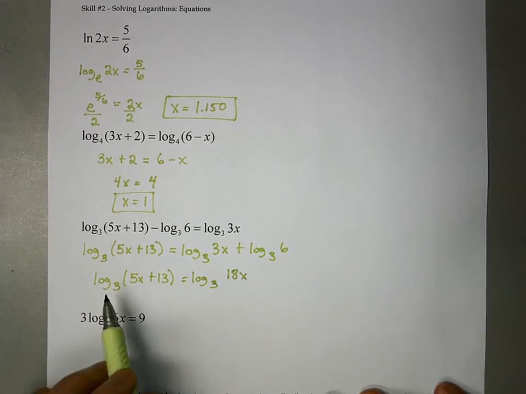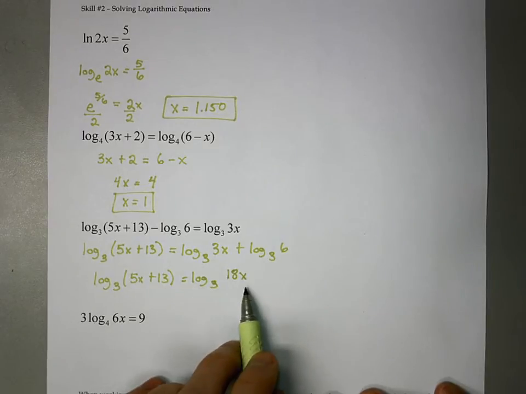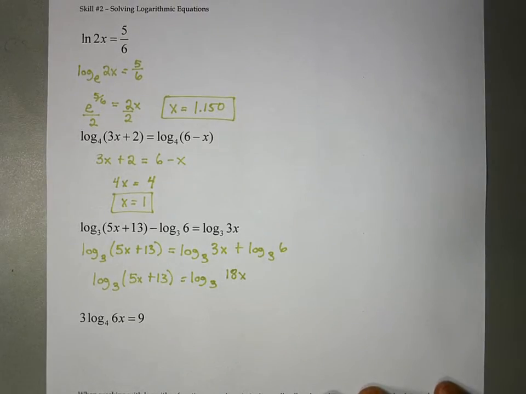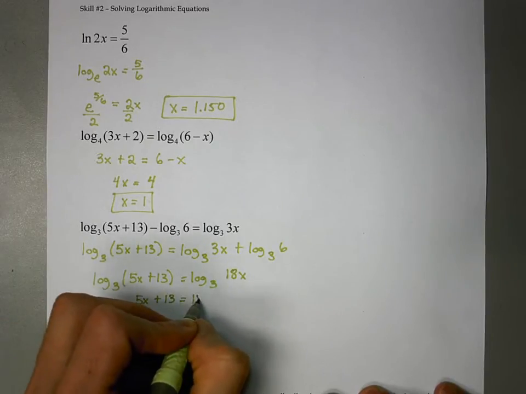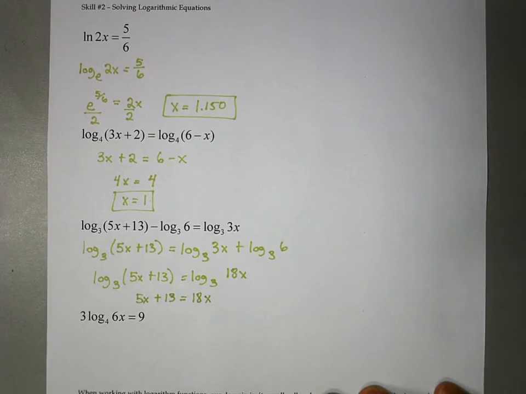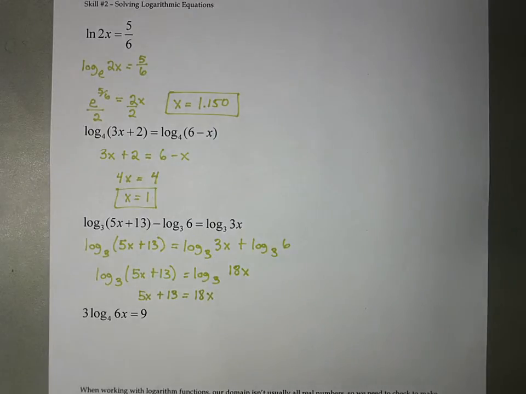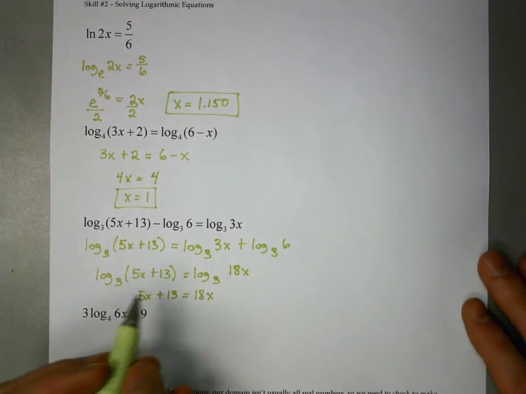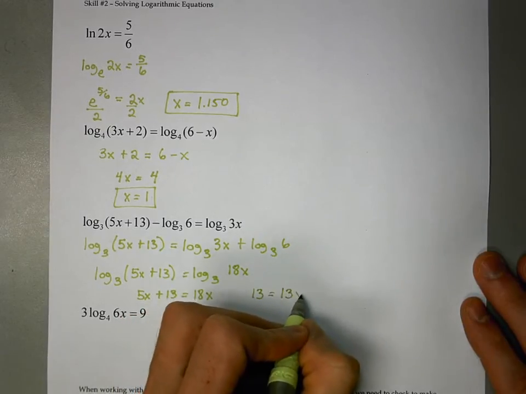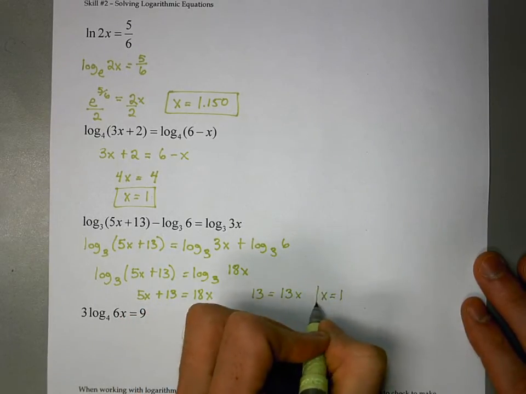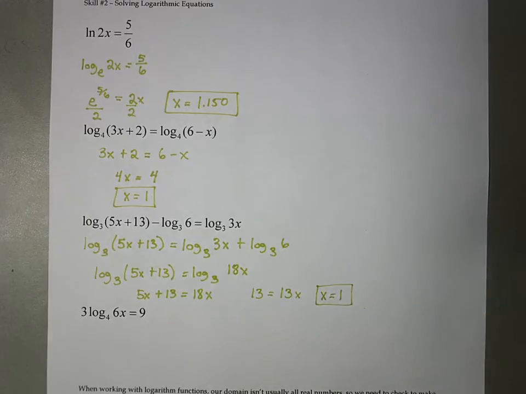Now that I've got 1 log on the left and 1 log on the right, I can use the one-to-one property that says 5x plus 13 is equal to 18x. Then solving for x, subtract 5x from both sides. 13 is equal to 13x, which means x is equal to 1.